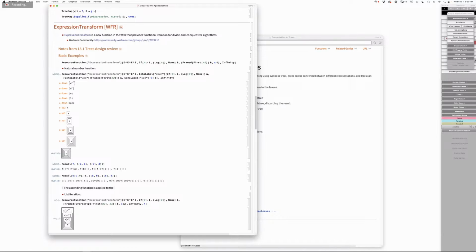To the results of wrapping the descending function. Not just wrapping, but evaluating the descending function. Yeah, right. Wrapping the descending function and yes, evaluating it.